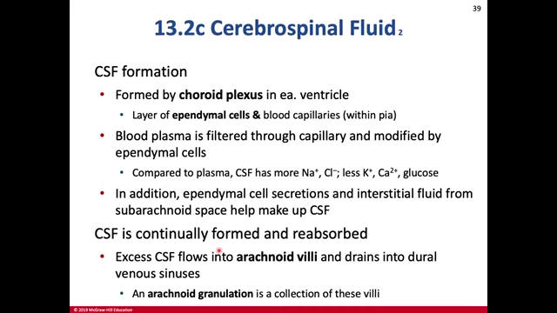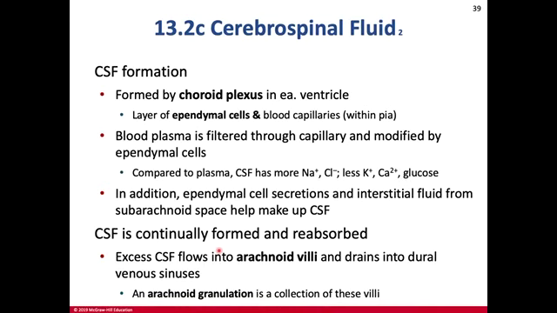If we compare CSF to plasma, there's more chloride and less potassium, calcium, and glucose, okay? So there's some selectivity going on by the ependymal cells. In addition, the ependymal secretions and interstitial fluid from the subarachnoid space make up CSF as well, right?